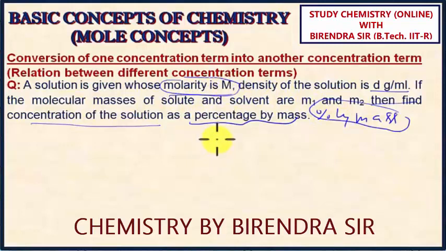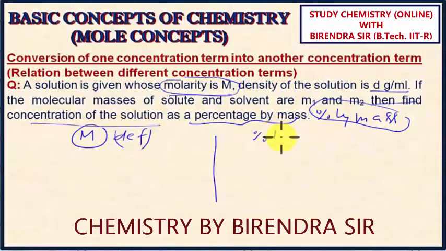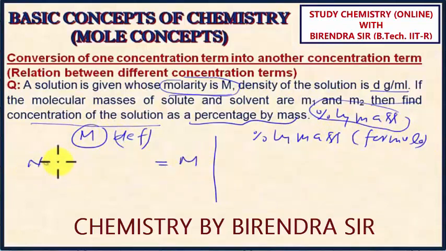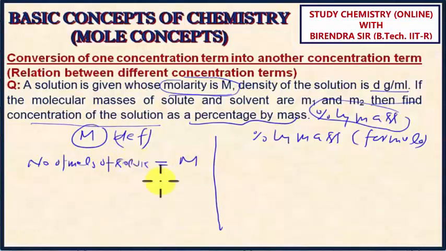So what will you do? Vertical line, on the left hand side we will write molarity. For molarity I will use the definition. On the right hand side I will write percentage by mass, and for that I will use the formula. What is the definition of molarity? Molarity is the number of moles of solute present in 1000 ml volume of solution.